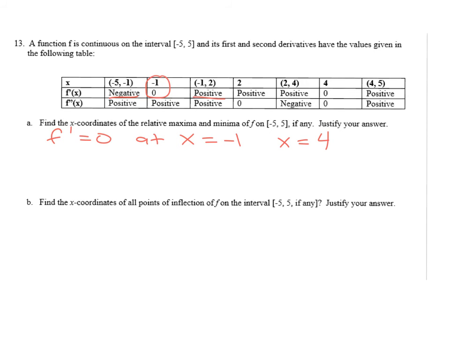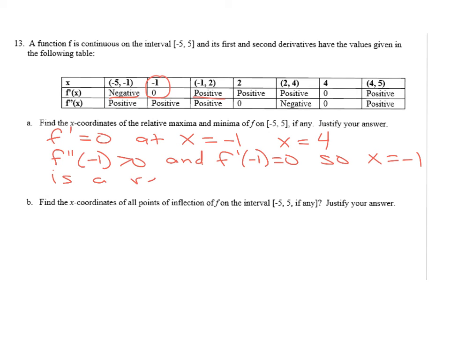Also, f double prime of -1 is positive. So if we wanted to use the second derivative test, f double prime of -1 is greater than 0, and f prime of -1 equals 0. So x equals -1 is a relative min of f, it's concave up.